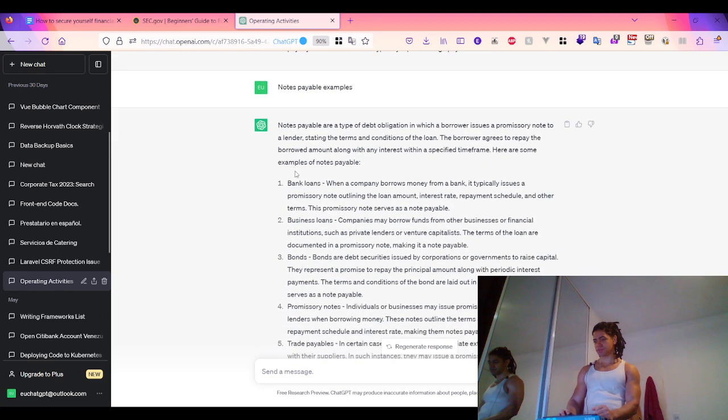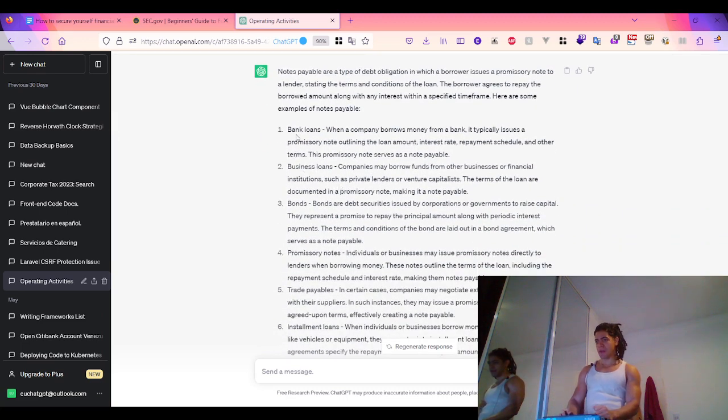Here are some notes payable examples: bank loans, business loans, and bonds. Bonds are debt securities issued by corporations or governments to raise capital, and they represent a promise to repay the principal amount along with periodic interest payments. The terms and conditions of the bonds are laid out in a bond agreement, which serves as a notes payable.